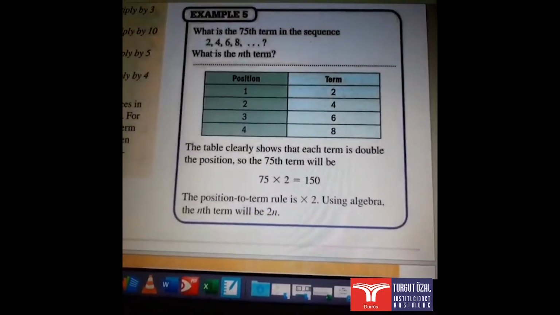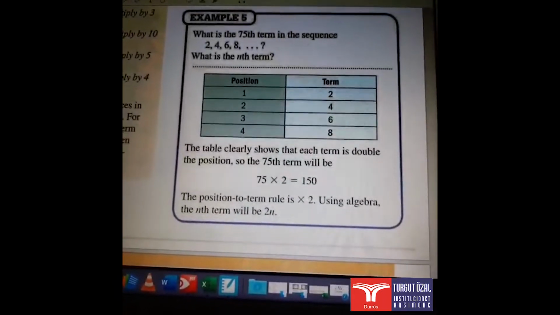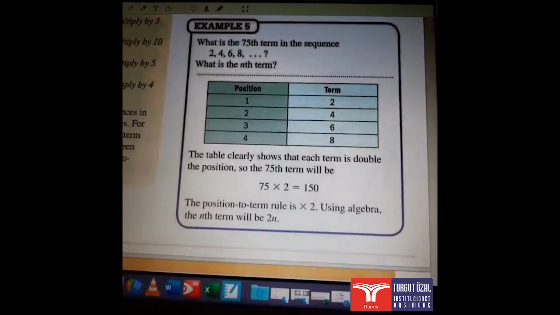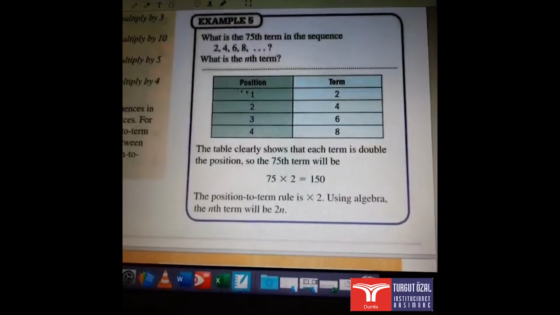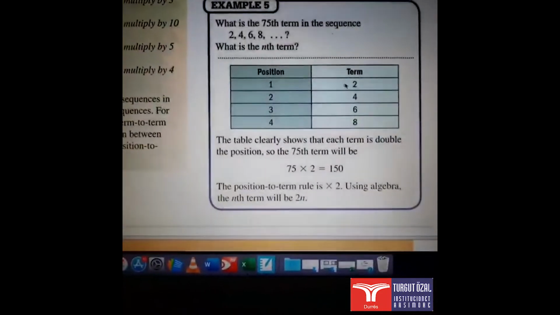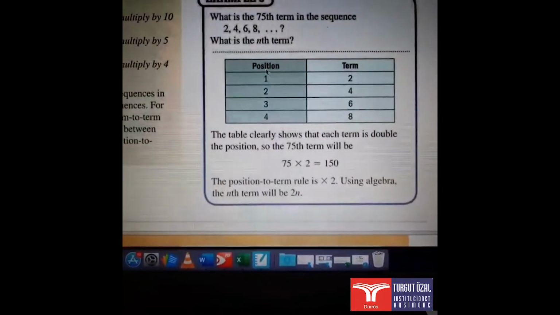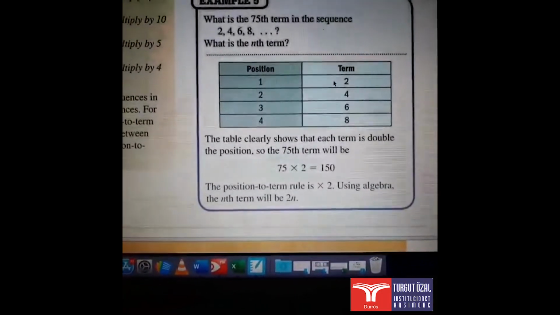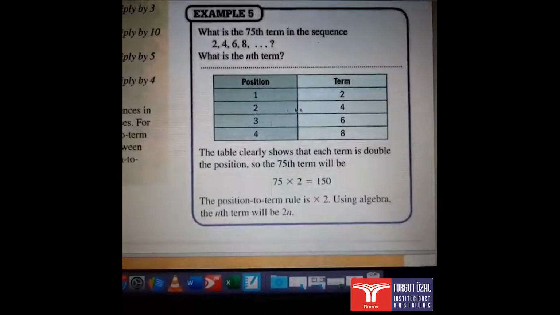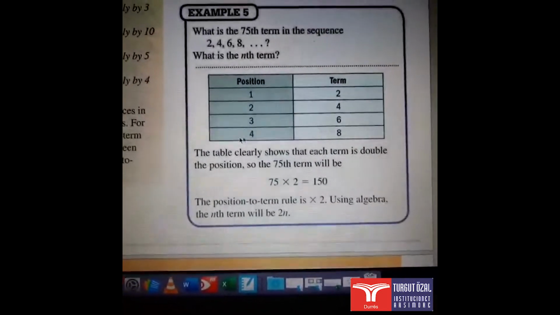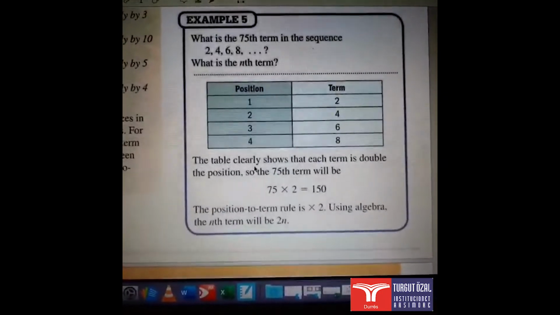The second way of generating a sequence is by using the position-to-term rule. If we have a look at this table, we have the position, which means the number of the term, and the term. So the first position, which means the first term, is 2. The second term is 4. The third term is 6. The fourth term is 8, and it will continue so on.